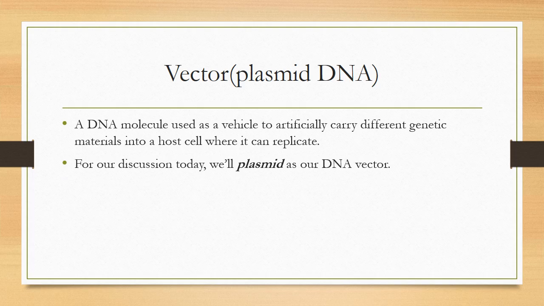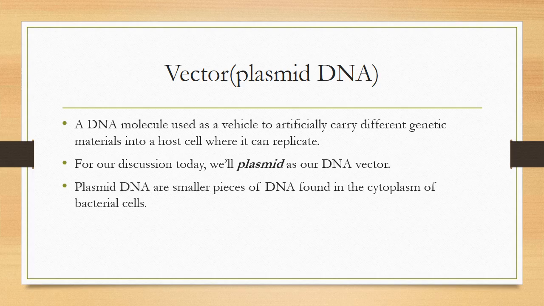So for our discussion today, we will use plasmids as our DNA vectors. These plasmid DNAs are smaller pieces of DNA which are found in the cytoplasm of bacterial cells. We know the chromosomes of bacterial cells are located in their cytoplasm, as well as their plasmid DNA.